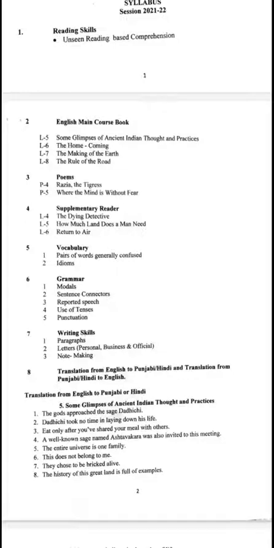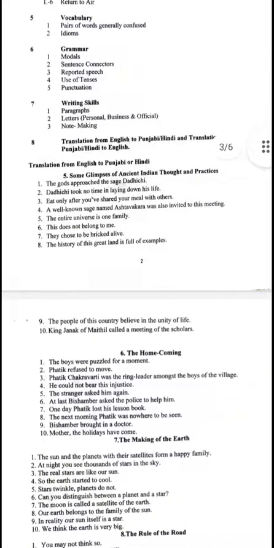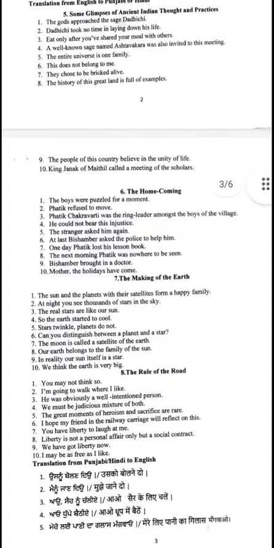Sentences from these chapters, which we have already discussed above, will be given. Sentences in English will be given, and you have to translate them into Punjabi or Hindi. So these are the chapters from your book.